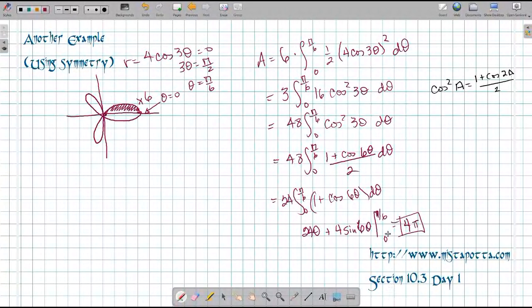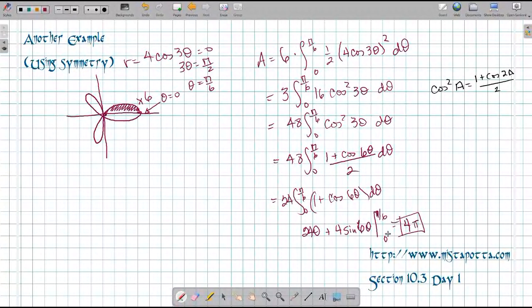So I have to use a slightly different formula to find area, and that's just because of the nature of polar curves. The fact that polar curves come out from the pole, from the origin, rather than having a width and a height.